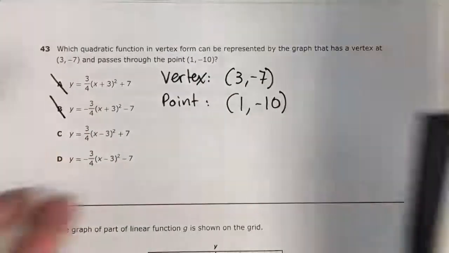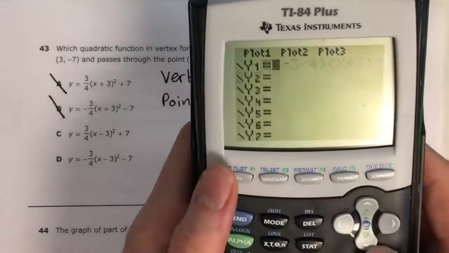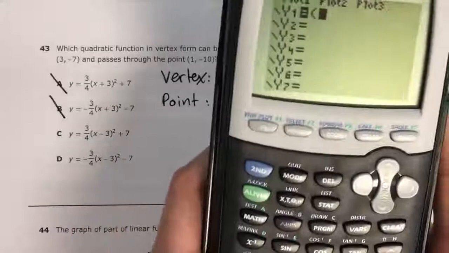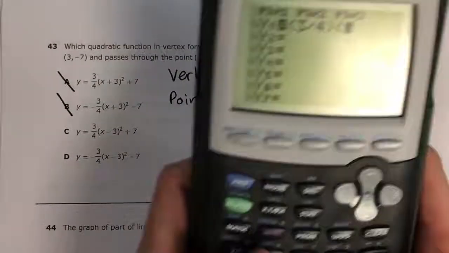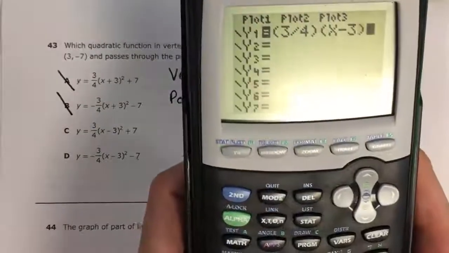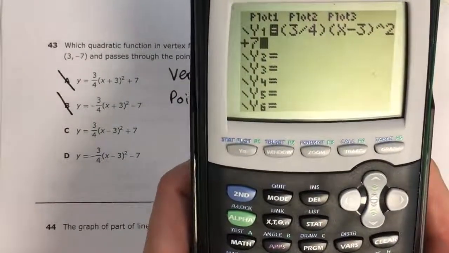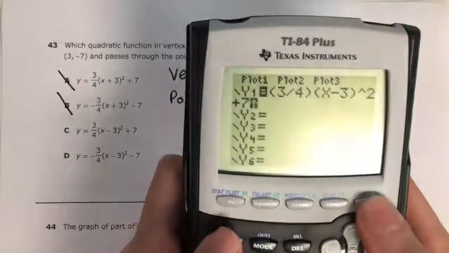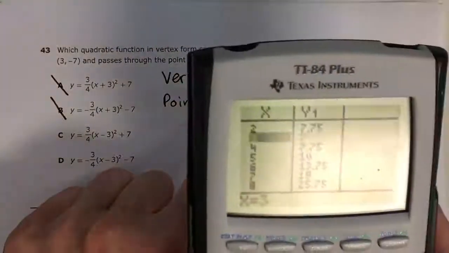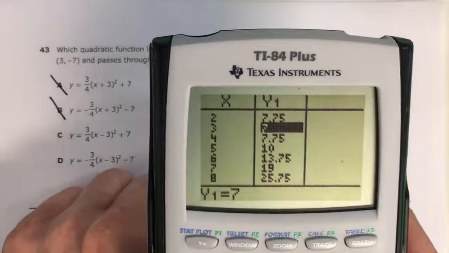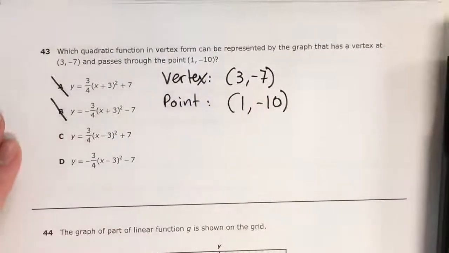Let's try C. Y equals, clear. Parenthesis 3 divided by 4, parenthesis, x minus 3, parenthesis, squared, plus 7. Go to the table, second graph. Let's try 3. Is 3 with -7? No, it's with +7, so that's no good.